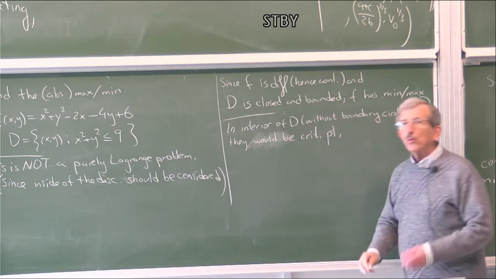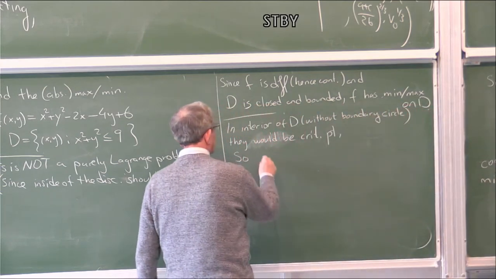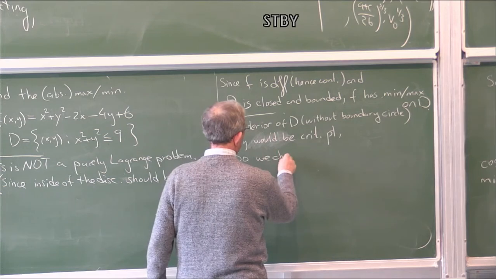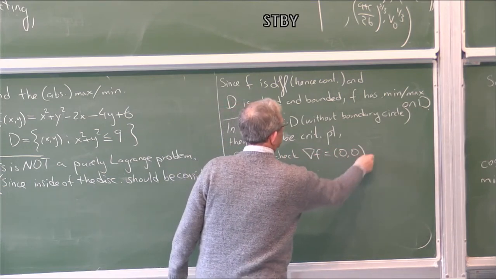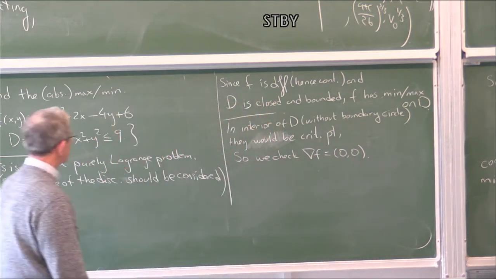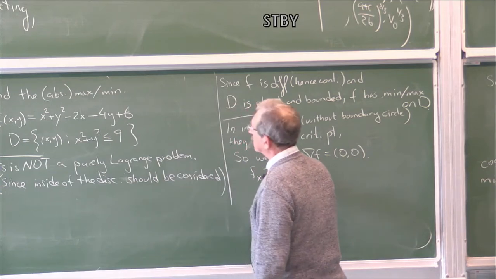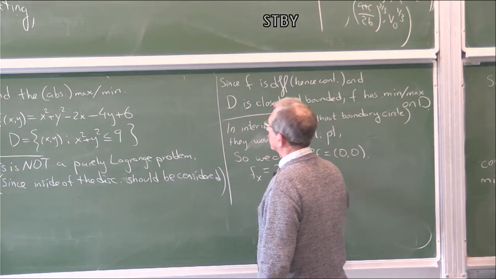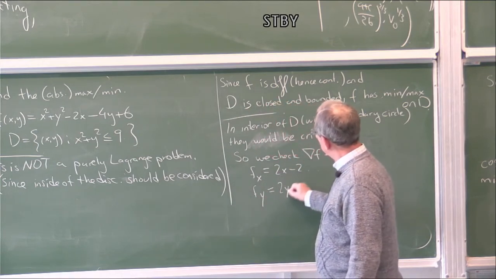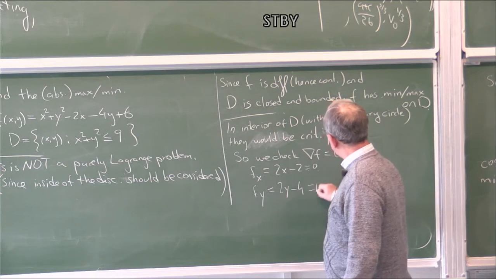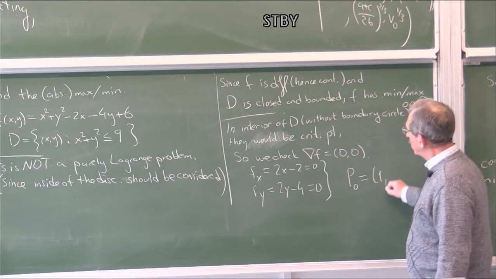Okay. So we directly check critical points. Okay. So we check gradient f equals 0, 0 for the critical points. Well, this very simply says that f sub x, that would be 2x minus 2, f sub y, that would be 2y minus 4, is 0. So we get a point which is 1 and 2.